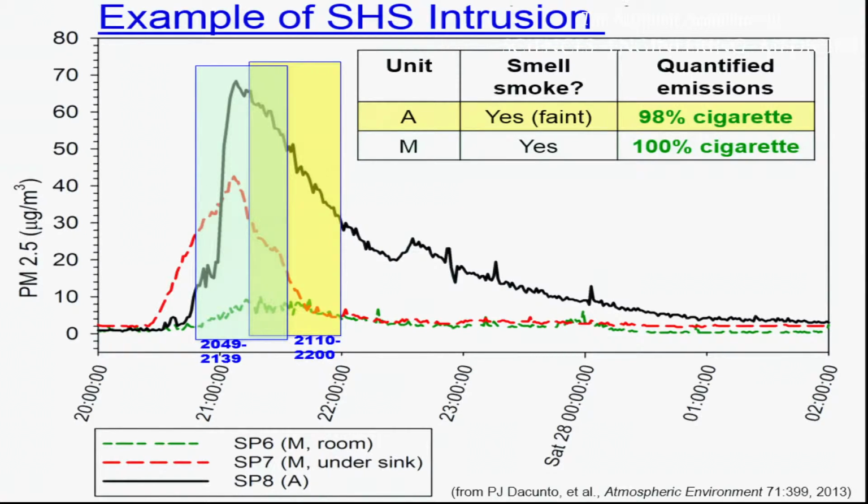And so it's very telling to have indoor particle concentrations jump up to 40 to 70 micrograms per meter cubed due to nothing that's going on in your own living space, but due to what your neighbors are doing. And I feel this is an area that needs a lot more study because there are so many factors related to building design and human behavior and other factors as well that contribute to this.